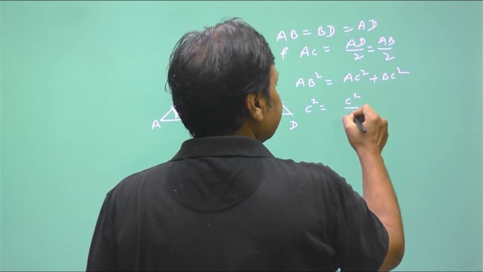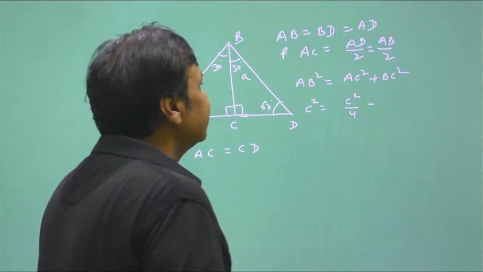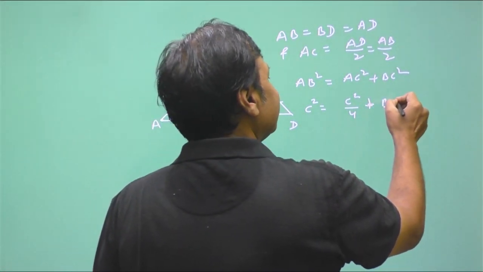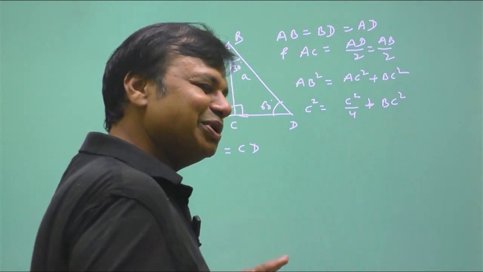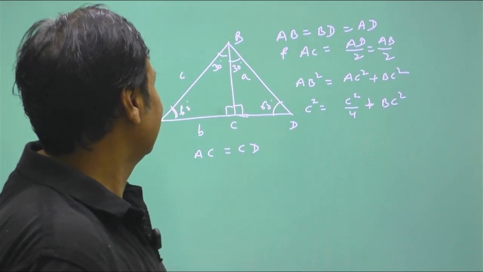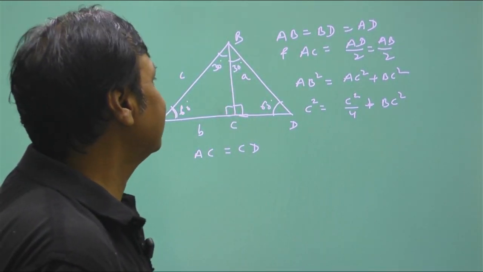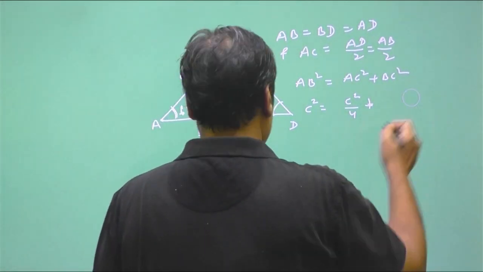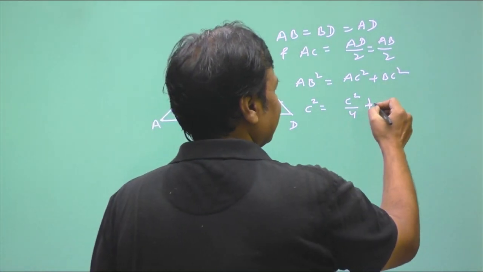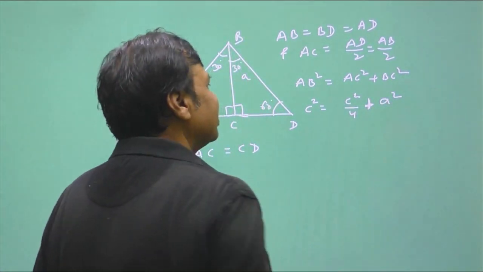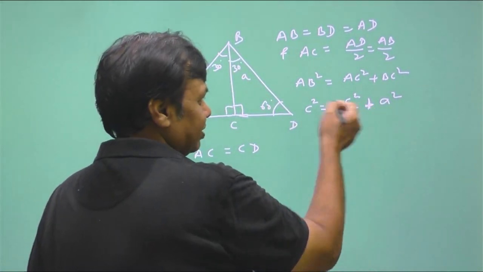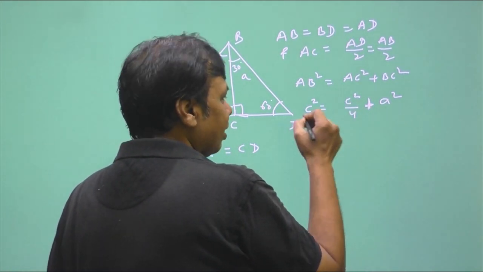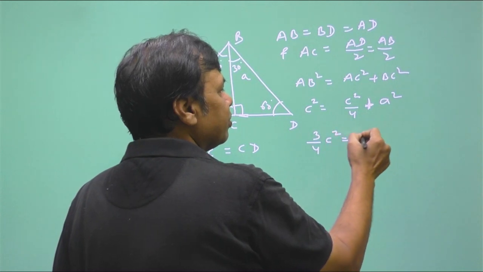That means c square by 4 plus BC square. Though BC is given as a, we can write BC equals a, no problem. That's a square. If we take c square by 4 to the left side, we get 3 by 4 c square equals a square.